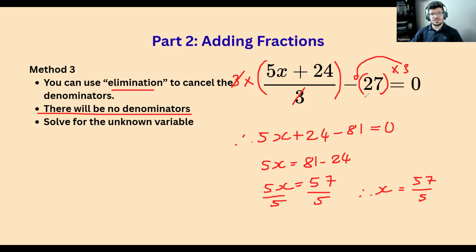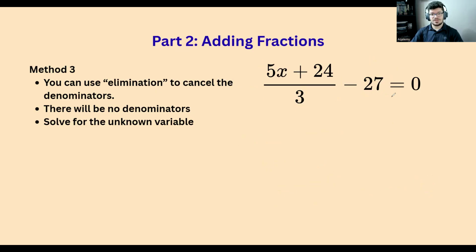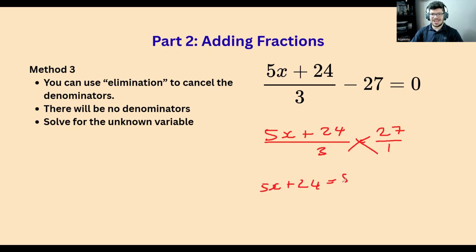You can still use method 1 and method 2 as well for the setup. For example, let's say you want to write 5x plus 24 over 3, and then you send 27 over the equal sign and you put it over 1. When you cross multiply, it will give you the same answer as well. We have 5x plus 24 is equal to 81.